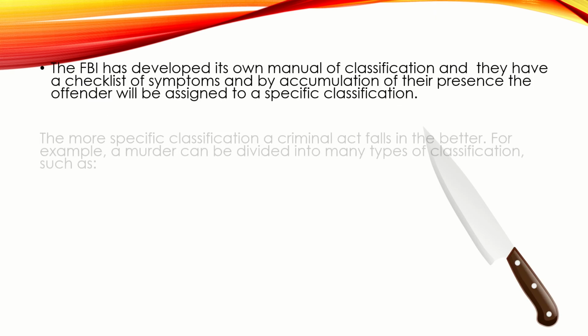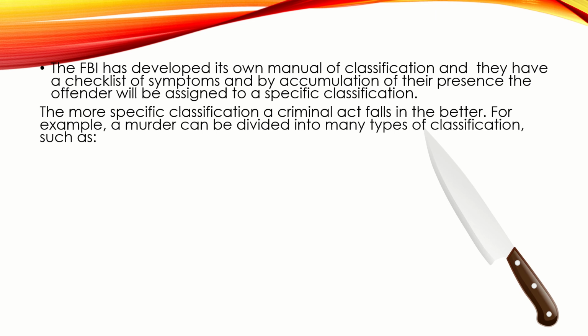The next stage, continuing with the decision-making stage: the FBI has developed its own manual classification, a checklist of symptoms, and by accumulation of their presence, the offender will be assigned to a specific classification. The more specific the classification a criminal act falls in, the better.